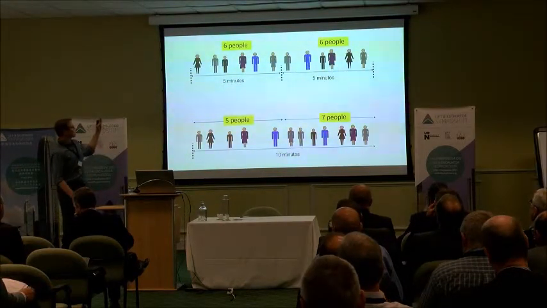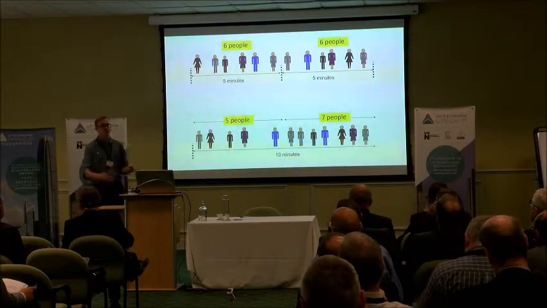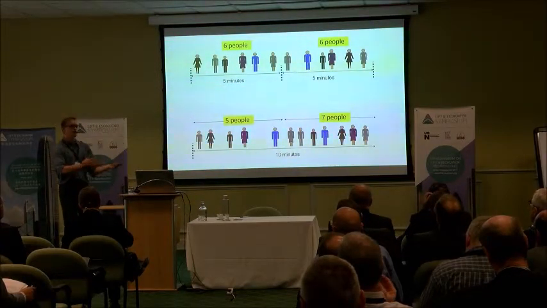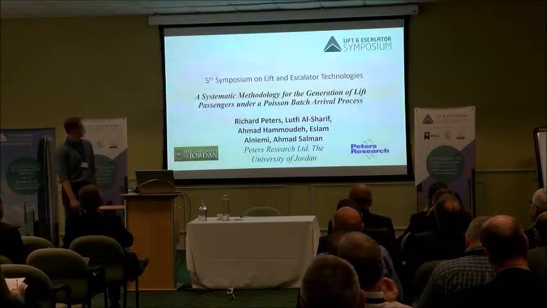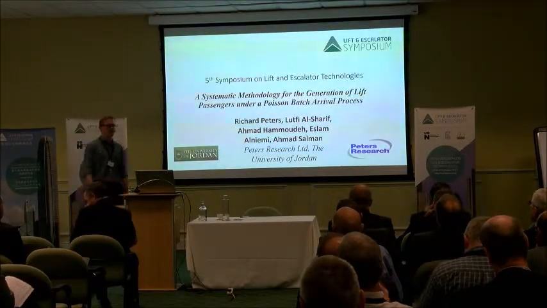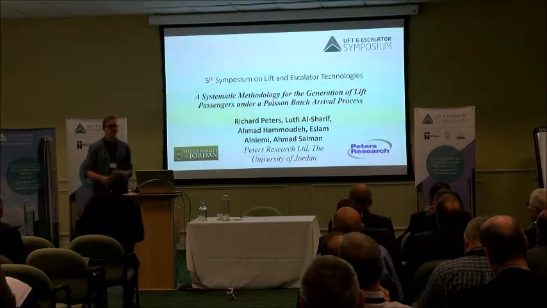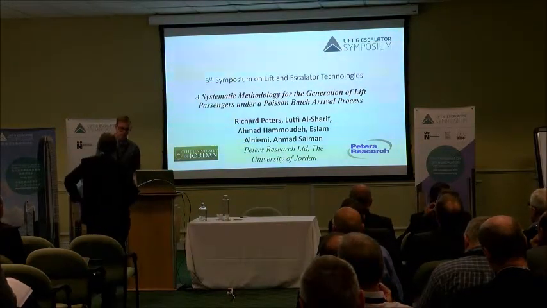So rather than having 6 people, you can go for 5, 7, 4, and if you went further, it gets more varied and more realistic. I'll now pass over to Richard to explain how we are generating the batches we're using for our simulation.